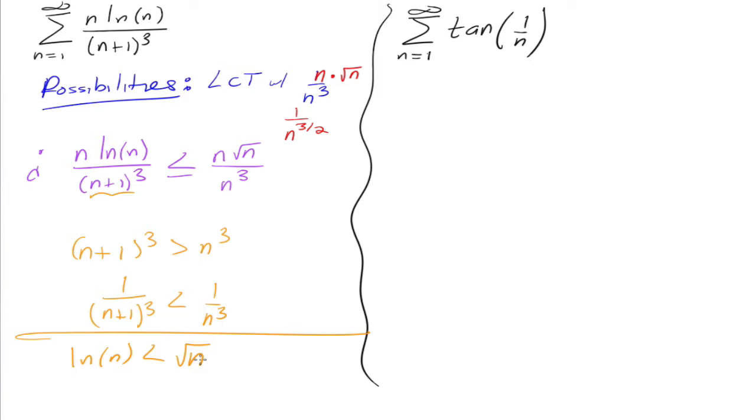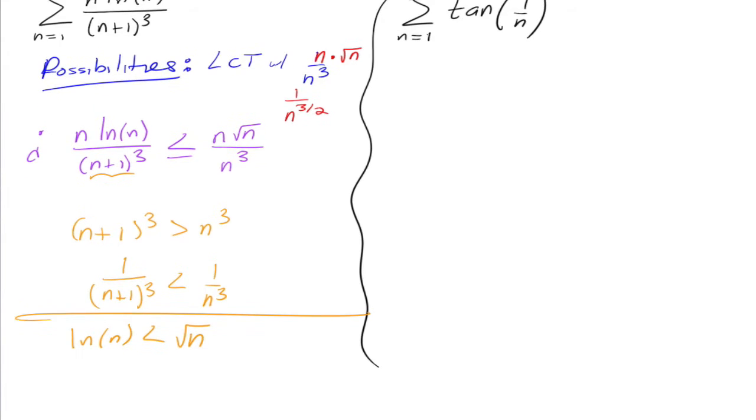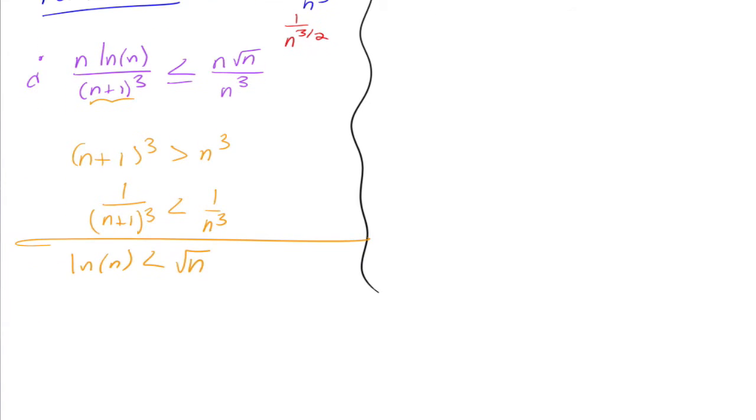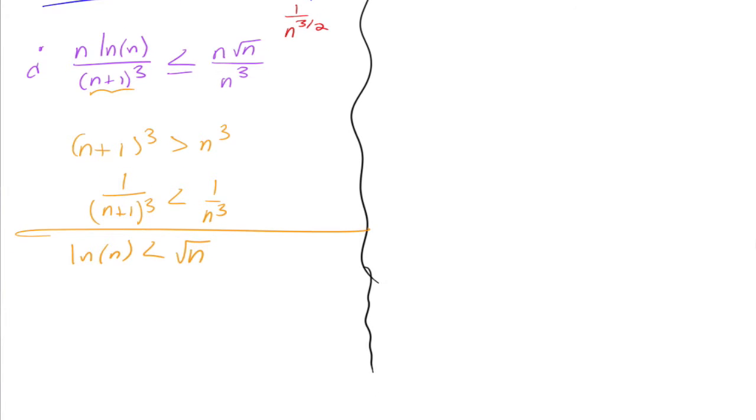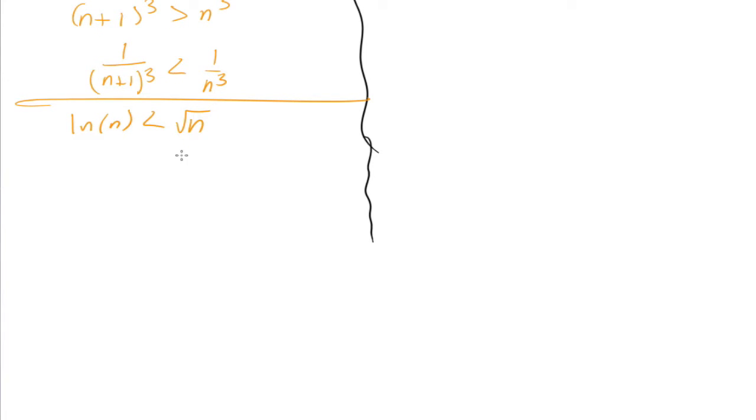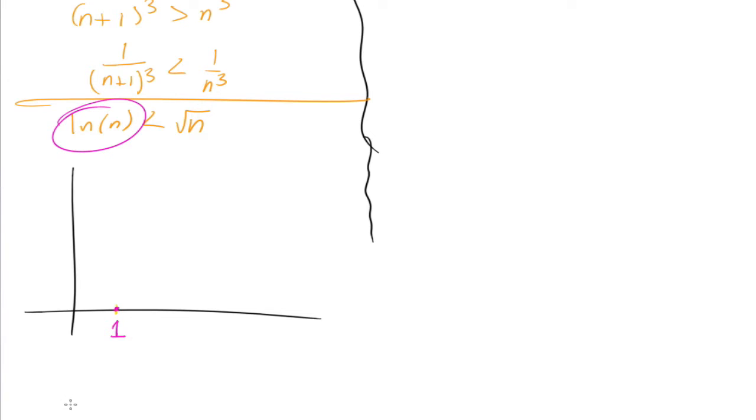There are a couple of ways to show this. This is a good one to keep in the toolbox, and it's worth going through. If I take a look at the graphs of these, starting at 1, ln of n comes up like this, and then goes like that.